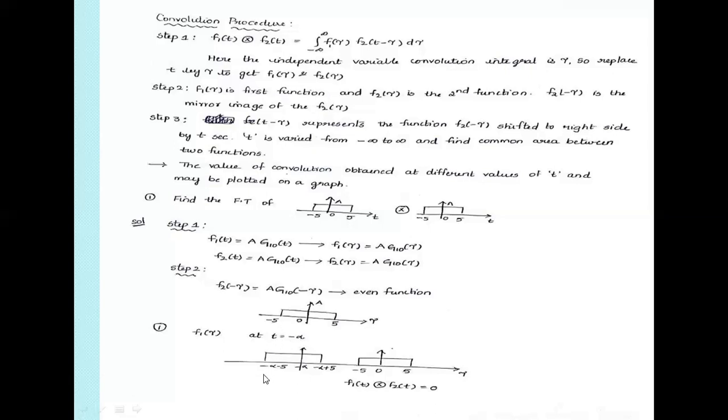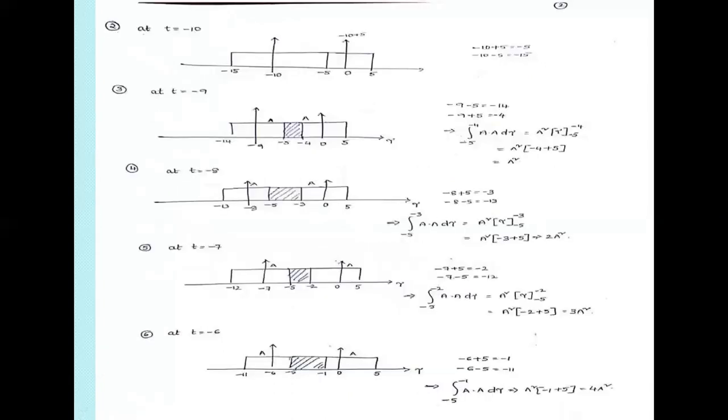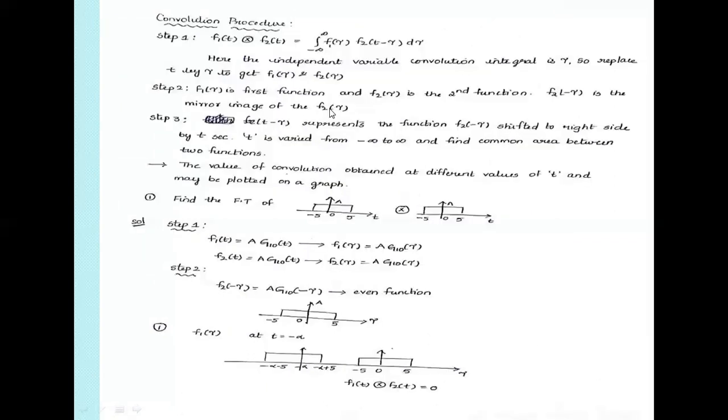Replacing that here, we have from minus infinity to minus 5, and from minus infinity to plus 5, and minus 5 and 0. So we have applied the f1 of tau convolution with f2 of tau, or f1 of t convolution with f2 of t, at t equal to minus 10, t equal to minus 9, t equal to minus 8, minus 7 and so on.